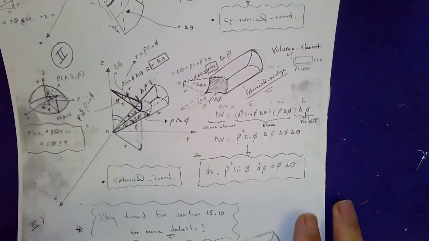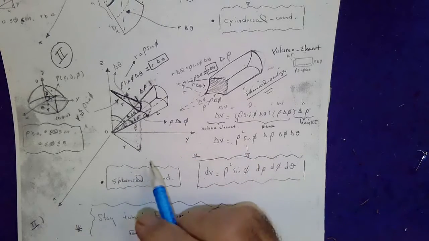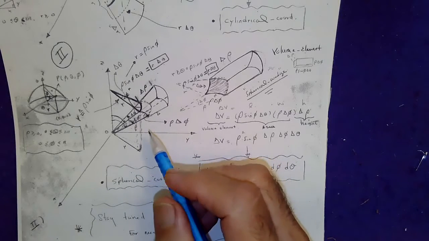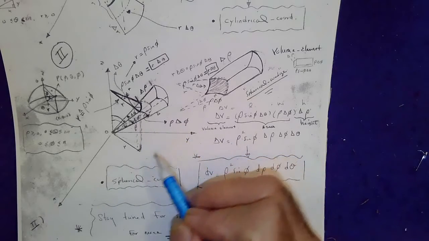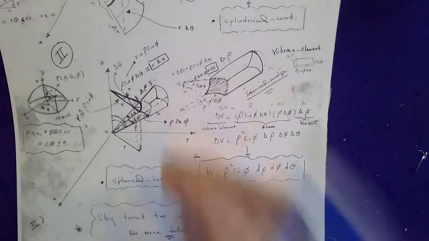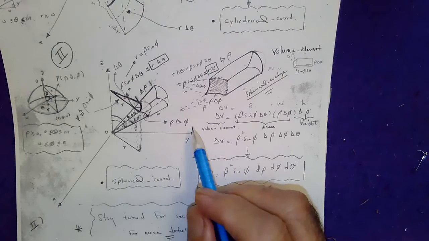For spherical it is a little bit tricky, because it's just like cutting a watermelon. First you cut it from top to bottom, then you cut it from left to right in order to get a slice of the watermelon out of a whole watermelon.